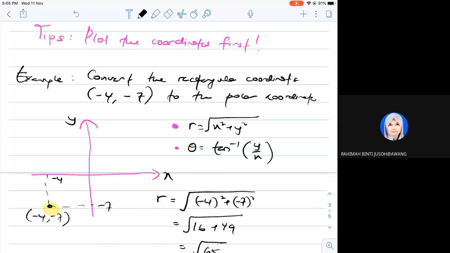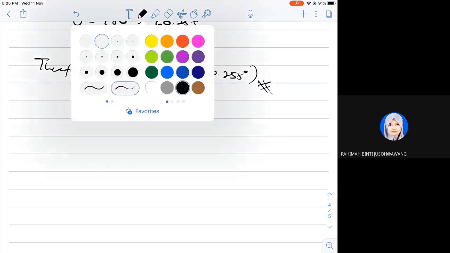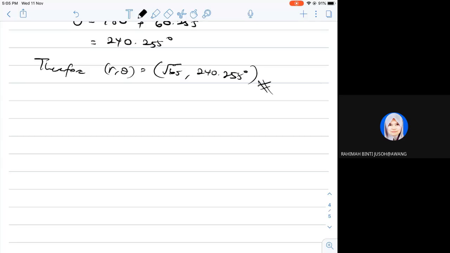All right. Next, sketching graph of polar equations. There are a few types of graph.